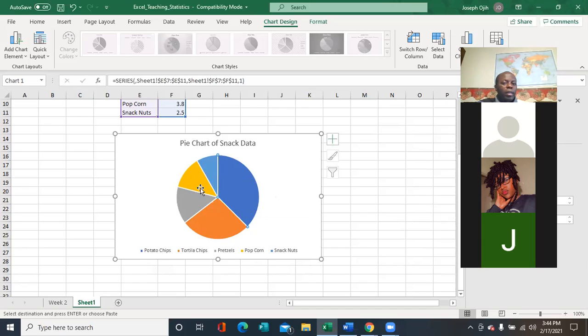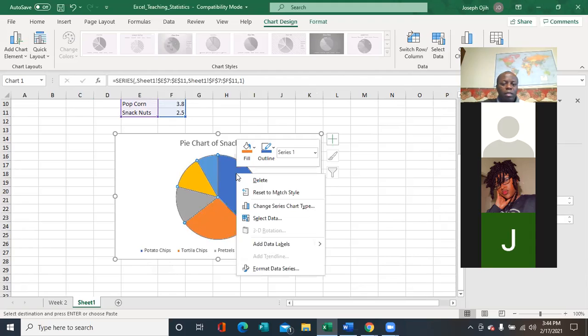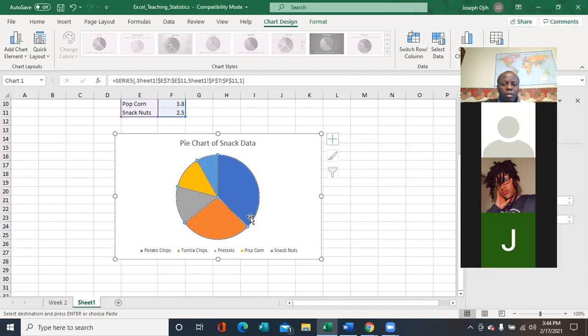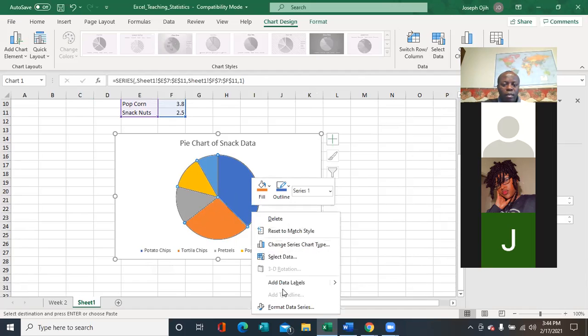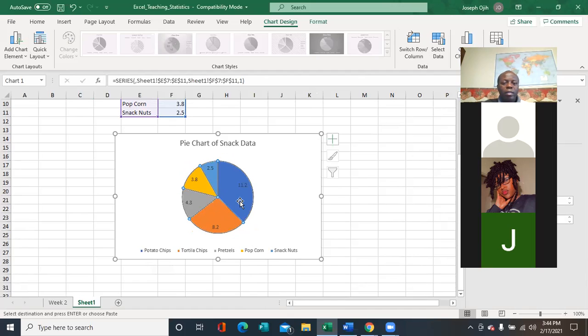So let me see why it doesn't want us to use this. I want to put all these numbers inside. So I'm going to say add data, format data series, or add data labels. Okay, they're in there now.